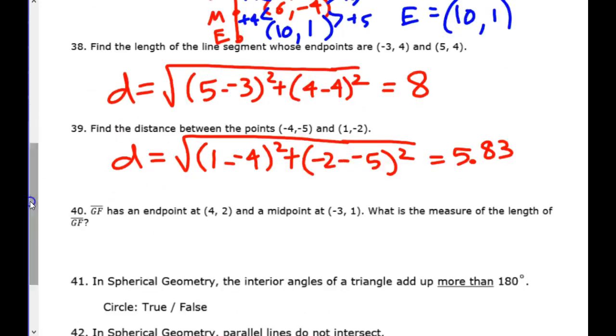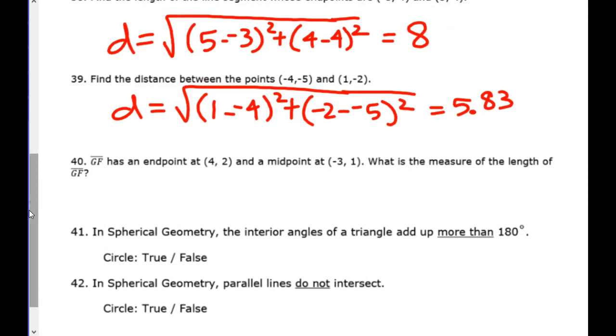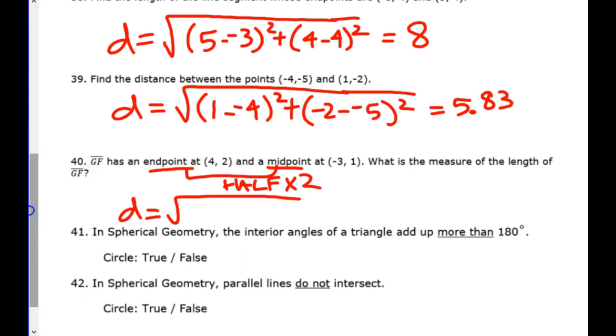Okay, and then 40. GF has an endpoint and a midpoint. So remember, end to middle, that means half. So you're going to take that answer and times it by 2. So my distance, x2 minus x1, -3 minus 4 squared plus 1 minus 2 squared, square root parentheses, -3 minus 4 parentheses squared plus parentheses, 1 minus 2 parentheses squared.